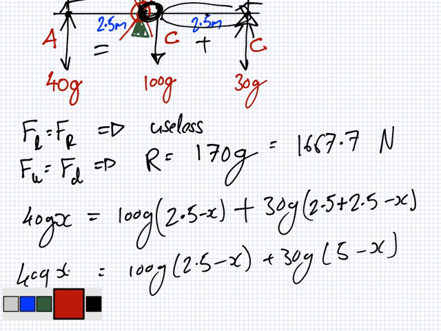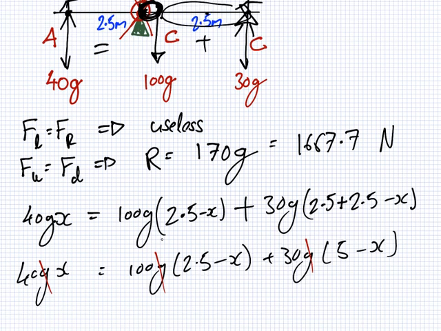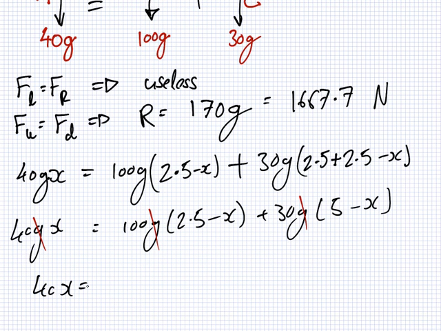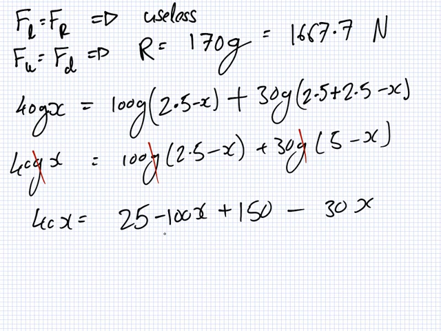Now, what can I cancel here nicely? What can I cancel from everything? g can nicely cancel, can't it? Off it goes. So 40x equals 250 minus 100x plus 150 minus 30x. I hope I did that right. So that's 170x equals 100 and... Why is this the 75?